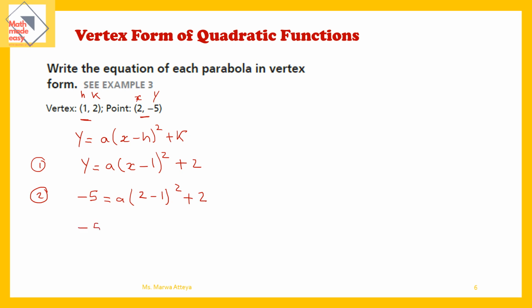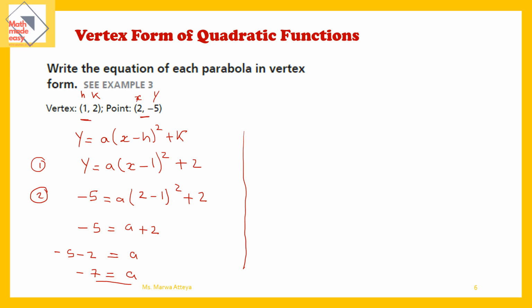So we have -5 equal to, 2 minus 1 is 1, and 1 squared is still 1, so a plus 2. Now let's solve by subtracting 2 from both sides. Then you're going to have a equal to -5 minus 2, and a will be equal to -7. Now, I have found the value of a, we have found the values of h and k. Now we can write our equation.